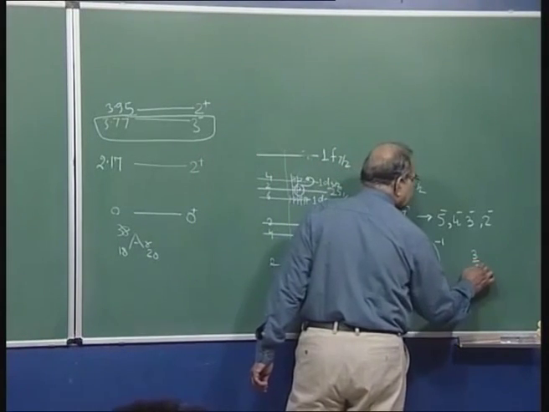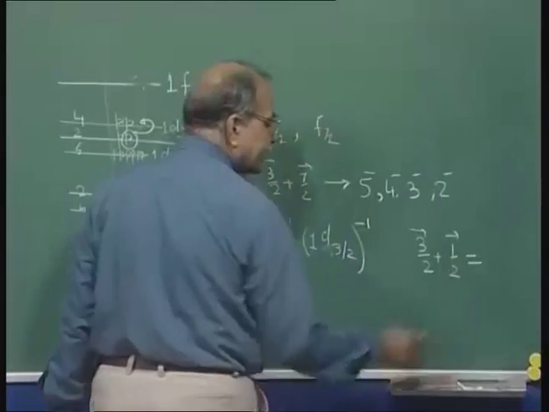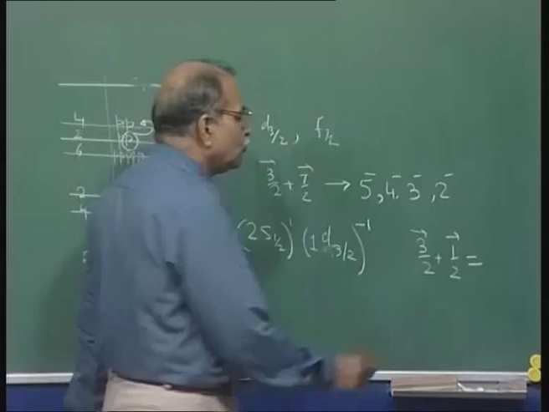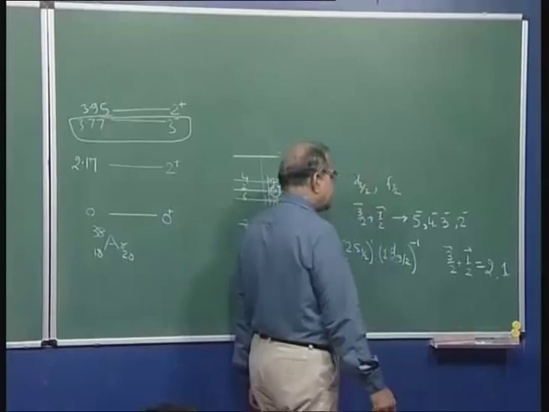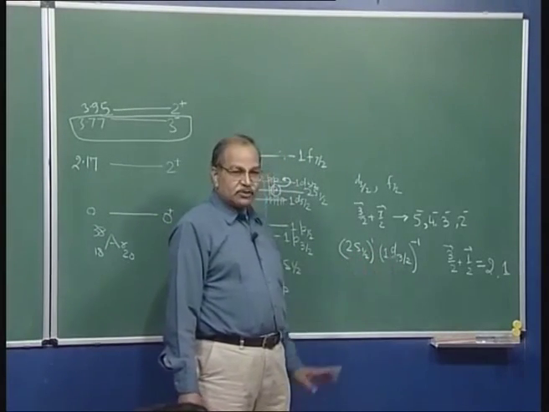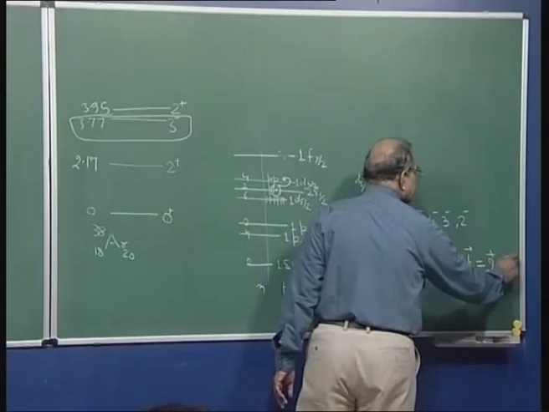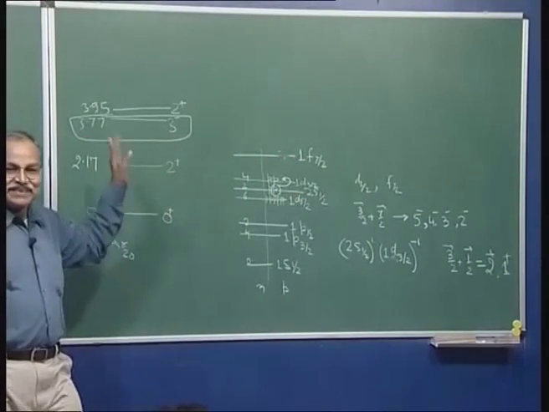So, 3 half and 1 half can combine to 2 or 1, and parity positive: S is also positive, D is also positive. So, parity positive, 2 plus and 1 plus. So, one of these 2 plus can be obtained in this fashion.